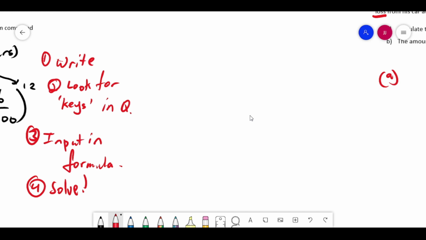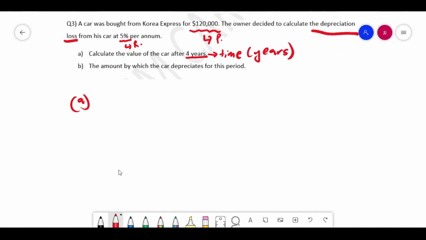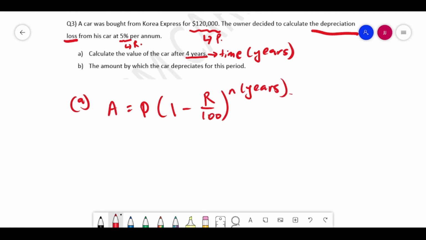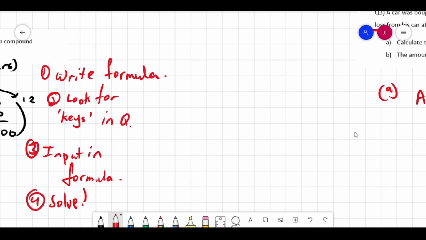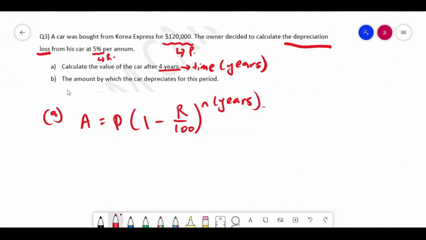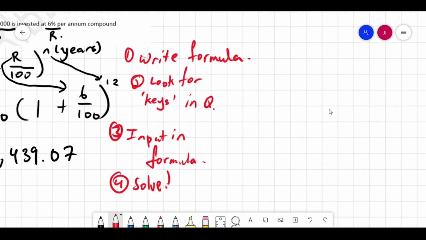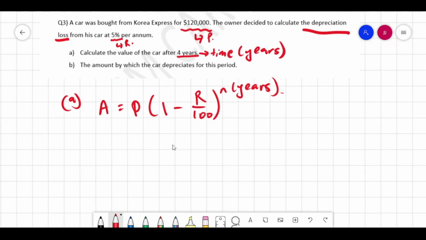So we write the formula. The formula in this case will be A is equal to the principal times 1 minus R over 100 to the power of n, which is always in years. Never forget that. And then we follow the next step. Look for the keys in the question, which we did first with principal, rate, and time. Then we input it into the formula.